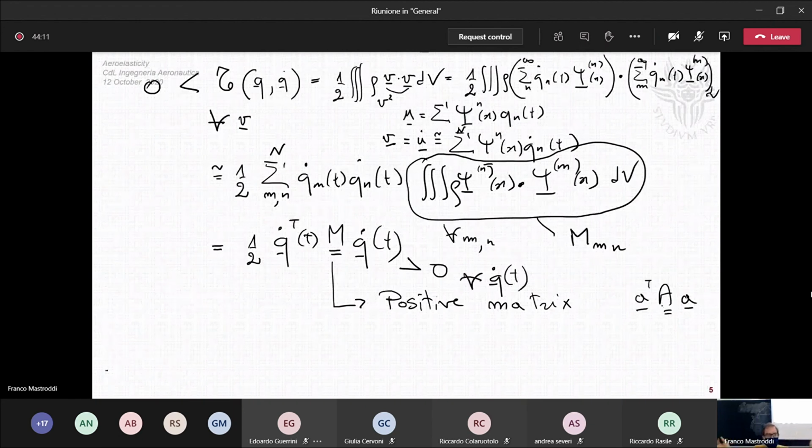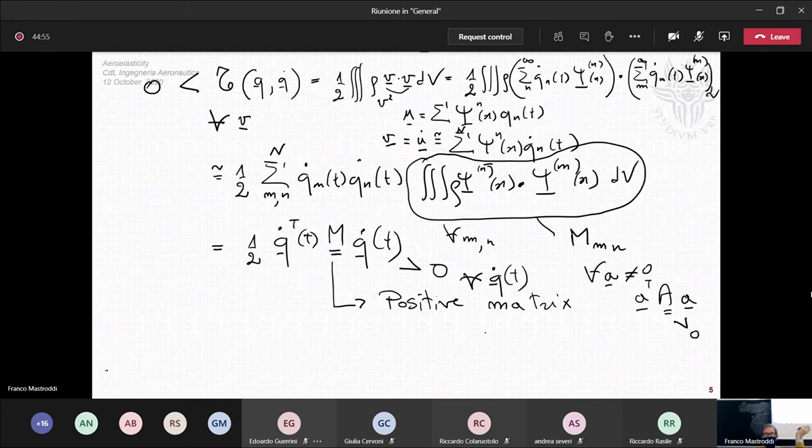And this definition is quite compliant with the definition of kinetic energy, and then induces us to decide that our mass matrix has to be a positive matrix in the strict sense. In the sense that the definition is, for all a not equal to 0, this quantity is greater than 0. Okay? Note that positiveness implies symmetry.